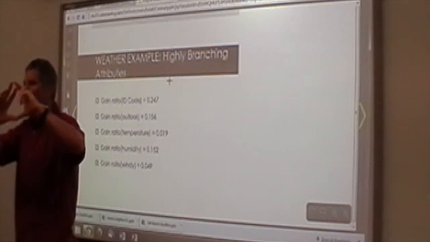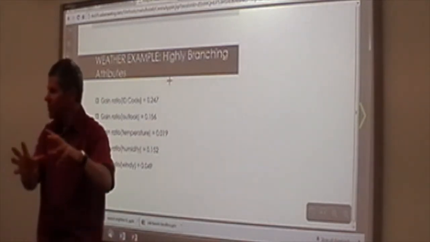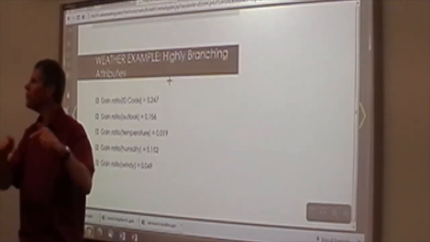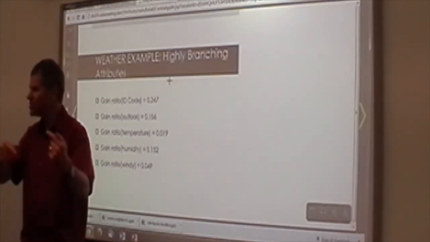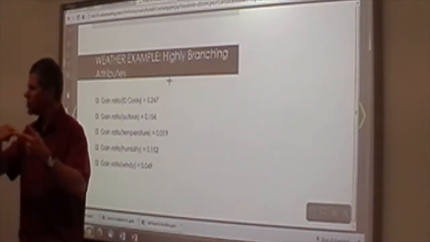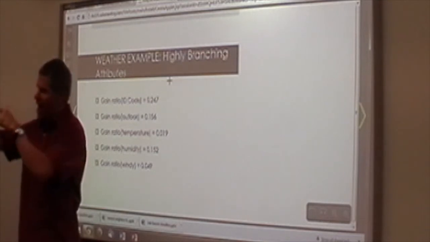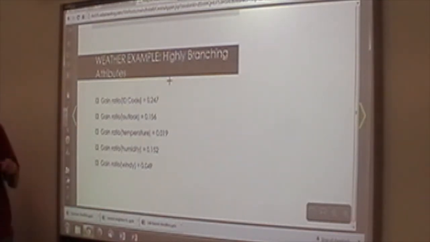What I mean is that for each of those, you follow the sunny branch, and then you would again recursively split over the other attributes, which are temperature, wind, and humidity, for each of those three branches, whether sunny, overcast, or rainy. I went back and noticed in the video that was unclear.